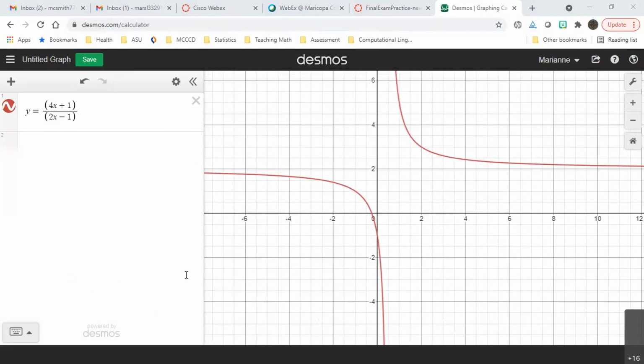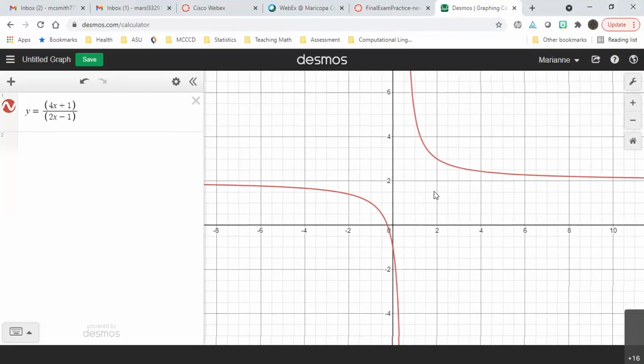I'm leaving out 2 from the range. Leave out y equals 2 from the range. Everybody see why you're leaving out y equals 2 from the range? Any questions?